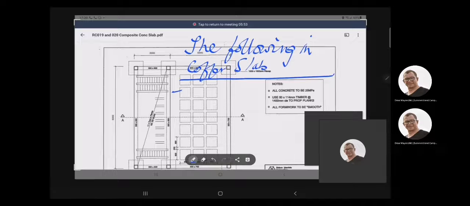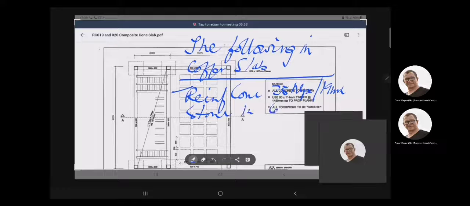And we would then have to go in and say my reinforced concrete, which is 25 MPa, 19 millimeter stone, in coffer slab and beams, including inverted beams.